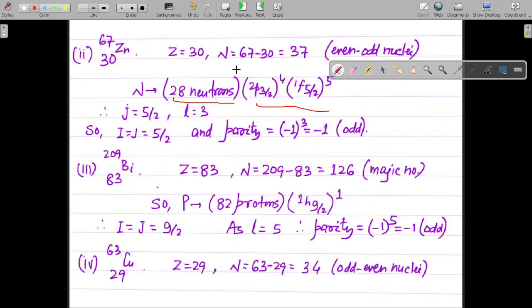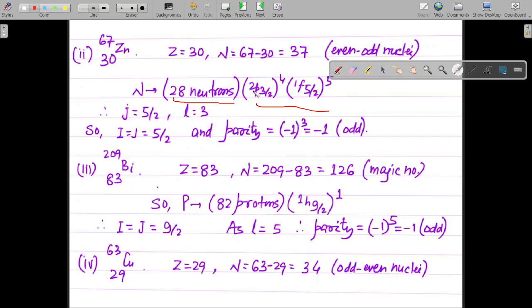After writing it, keep in mind the various exceptions which I already told you in the previous lecture. After keeping those exceptions in mind, clearly it will be like this.